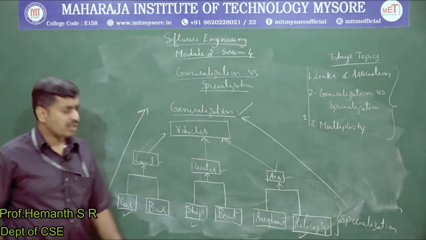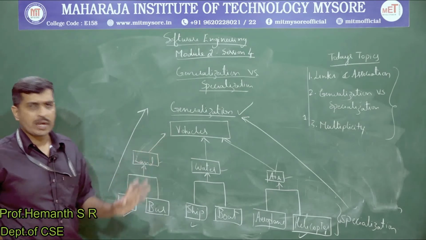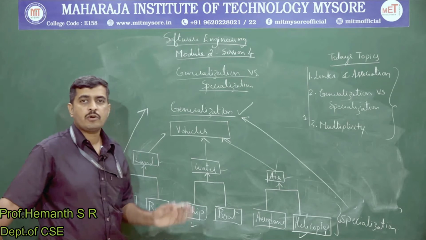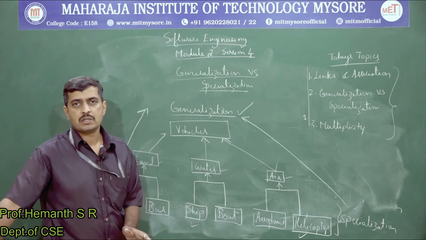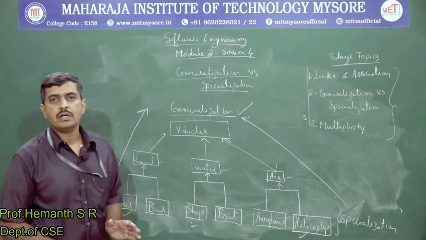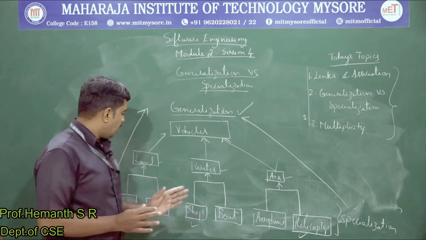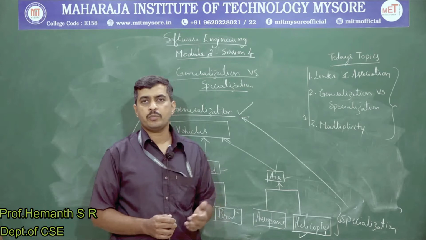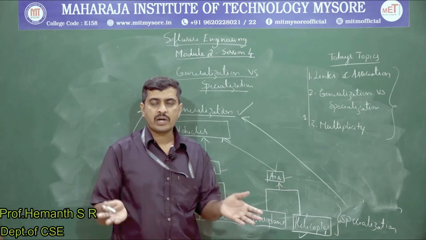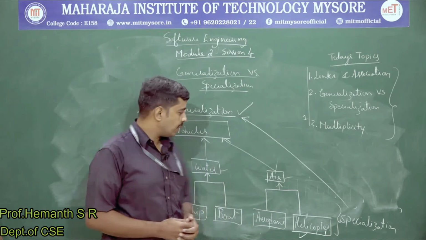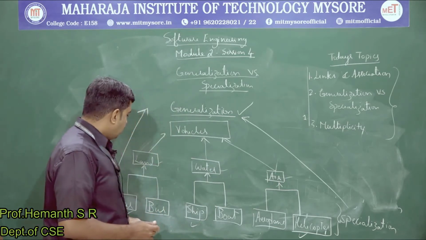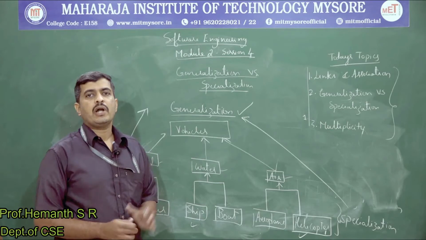All are vehicles which can move, which can take passengers from one place to another. That is a common characteristic, a common operation between a car, ship and helicopter. It can move forward, turn left, turn right. These are operations it can do. It can carry passengers. It will have a seater. It will have doors.